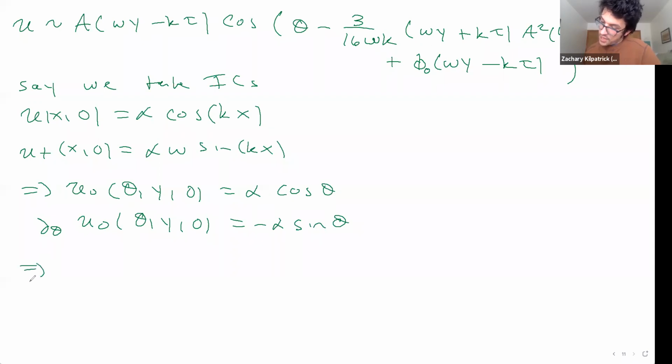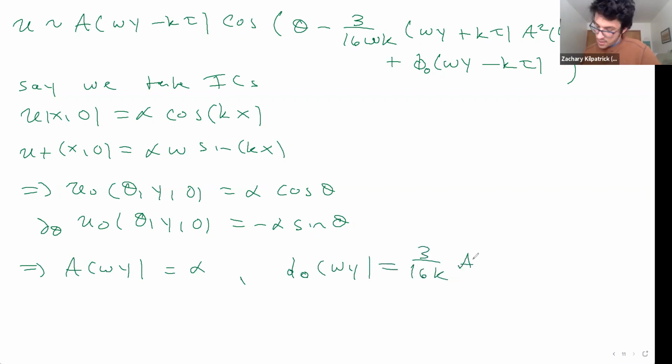So this implies that if we plug this in, a(ωy) equals α, and that φ0(ωy) is equal to 3 over 16ωk a squared y.